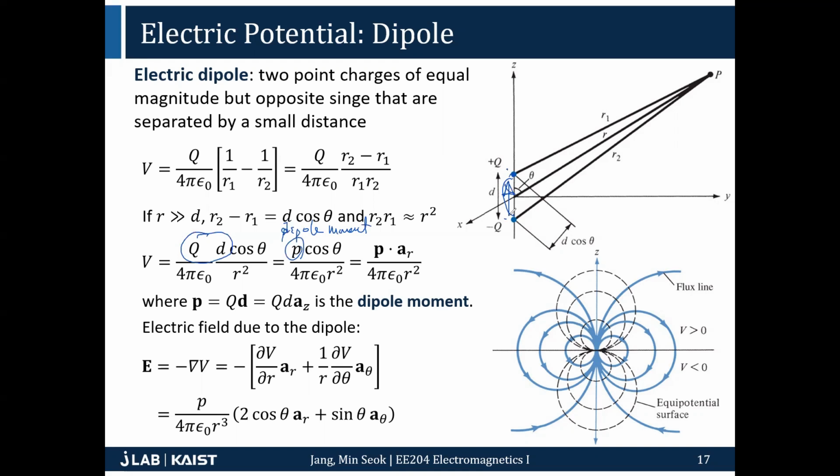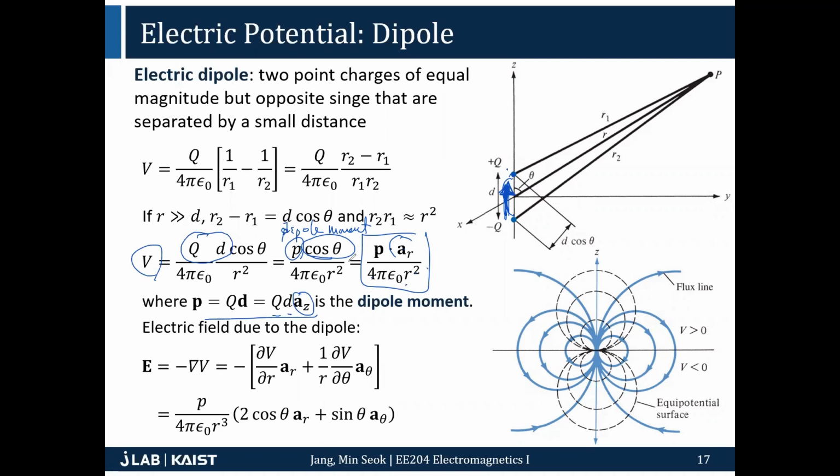So this is the direction of the dipole moment. Q d a_z is the vector dipole moment. And if you take a dot product with a_r, you get the cosine theta, right? So V can be written like this: P dot a_r over 4 pi epsilon naught R squared, or P cosine theta over 4 pi epsilon naught R squared.